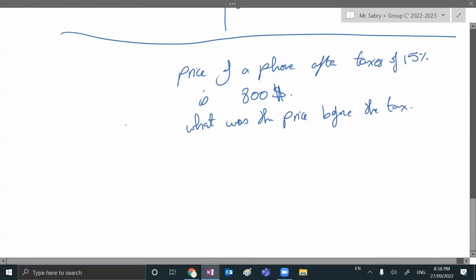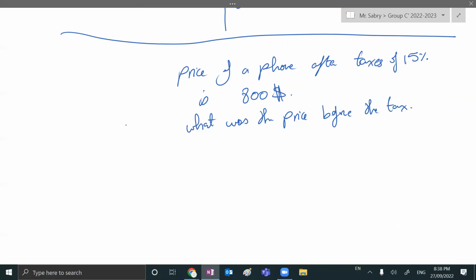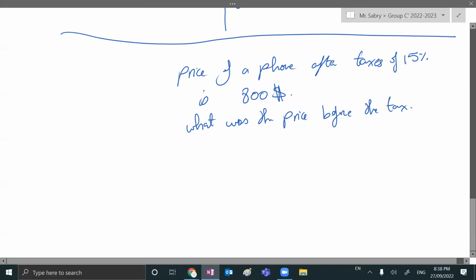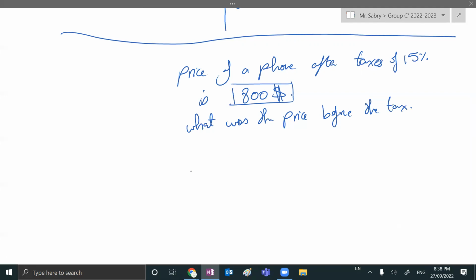This is a tricky one, okay? So think about it very carefully, please. Again, there's a price of a phone. After I've already added the 15%, the price is 800. I want to know what was the price before the 15%. So how am I going to do that? I'll say, what is the 800 supposed to represent? What percent is the 800? The 800 is not just the 100%, it's 115%.